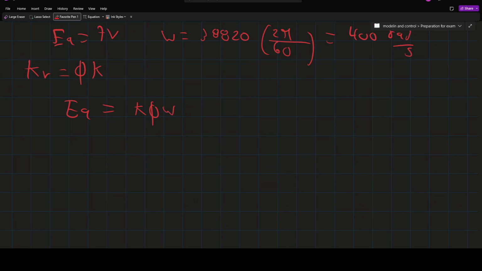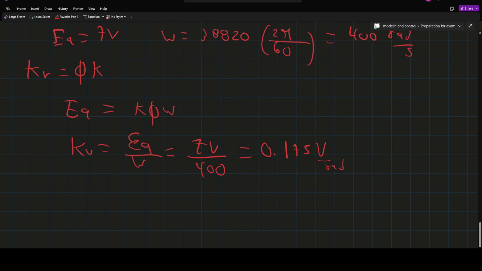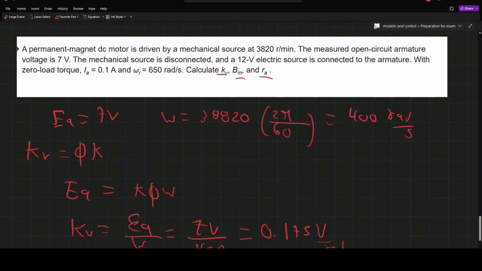So we can say that our K phi is equal to EA over omega equals 7 volts over 400 equals 0.175 volts over radians, or the unit that we saw before. Okay, so this is our K phi.